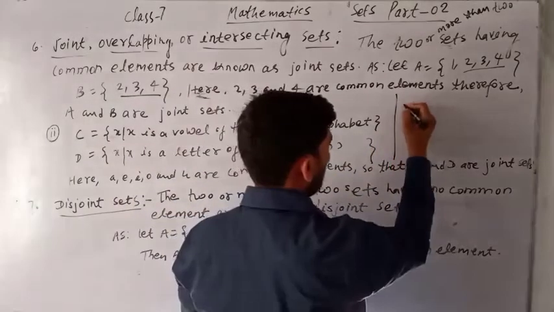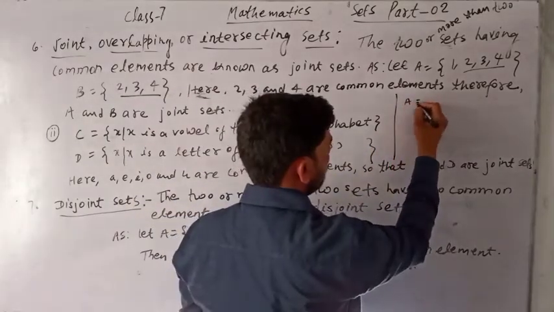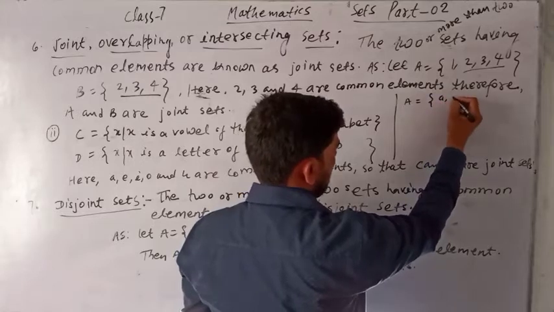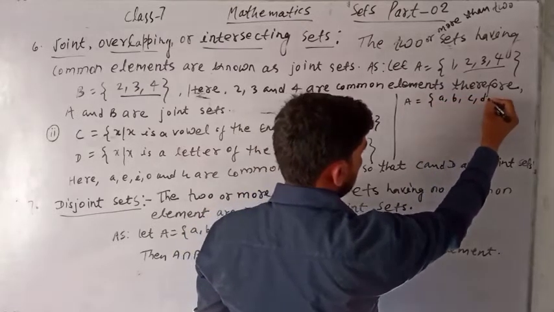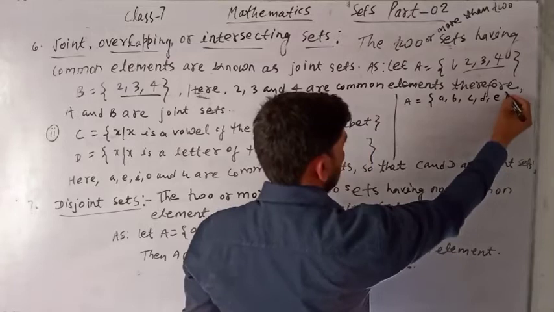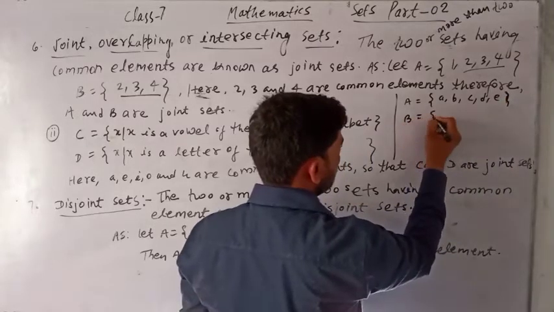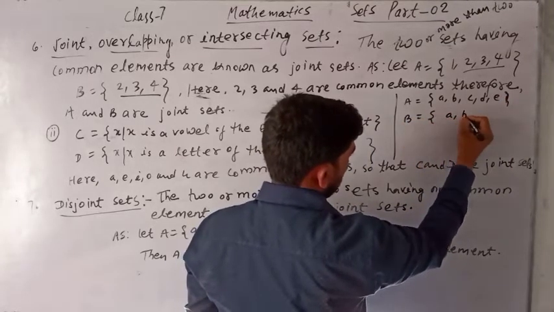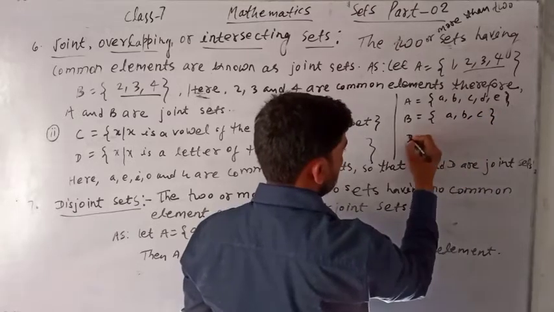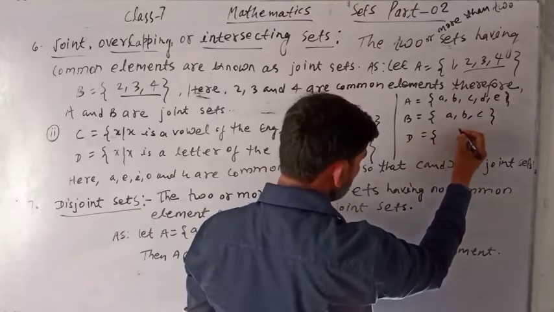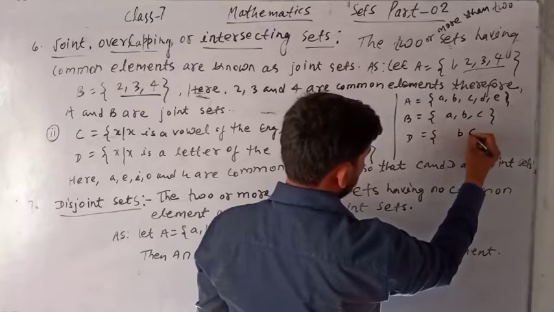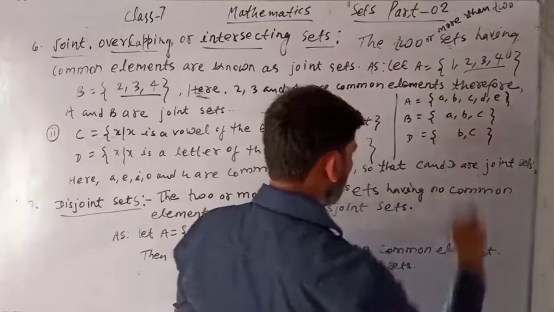See, let A is equal to {A, B, C, D, E} and B is equal to {A, B, C} and set D is equal to {B, C}.